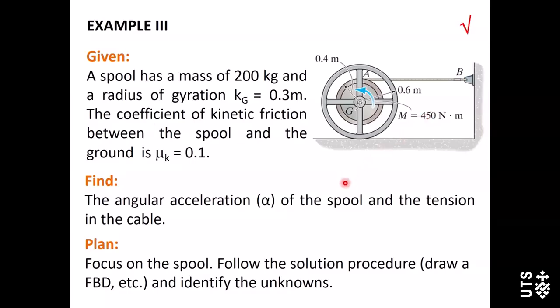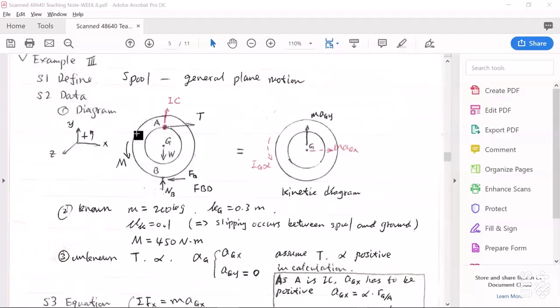The target here is to determine the angular acceleration of this spool and the tension force in the cable. Okay, we define this problem. We can see this spool is undergoing general plane motion.